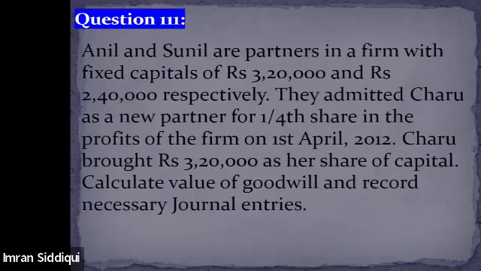Whenever the information regarding the goodwill is not given, and we need to find out the value of the goodwill, this is considered to be a situation of hidden goodwill. And hidden goodwill needs to be calculated. So there is a specific formula for finding out the hidden goodwill. Unless and until you know the formula, you won't be able to solve this question. I hope this is clear to everyone.